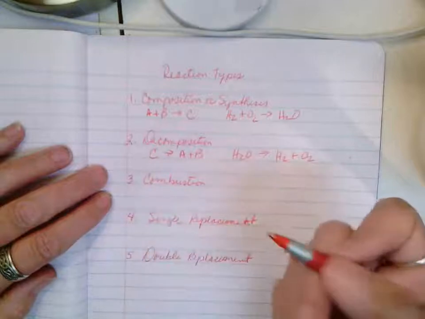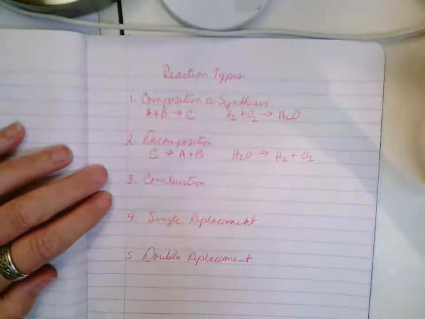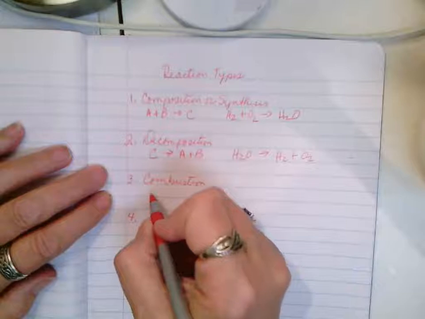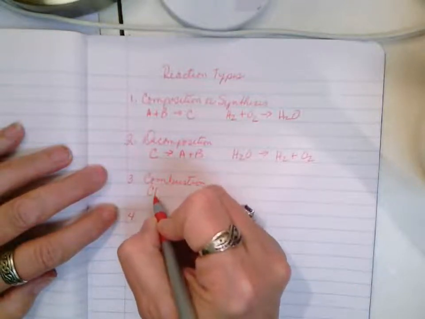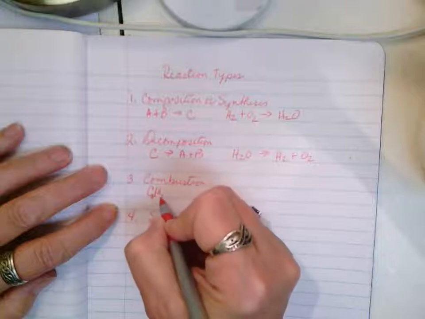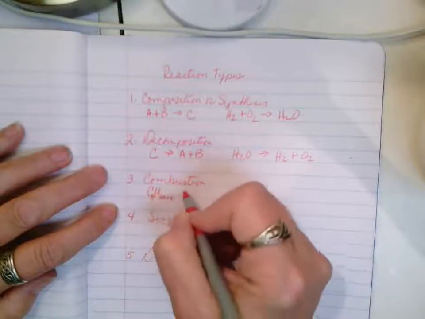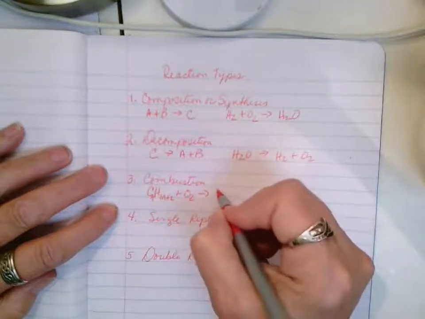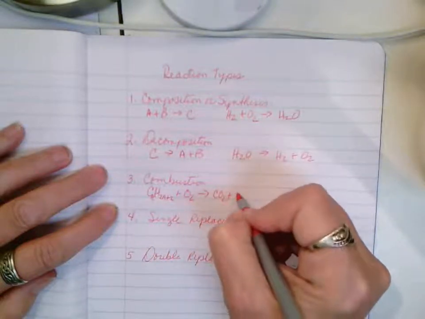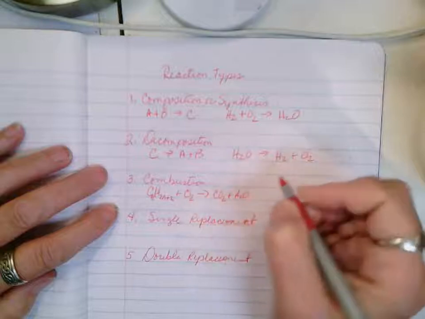Combustion is kind of like what we did with the flaming pumpkins. We are going to burn something. So it's typically some kind of a hydrocarbon, CnH2n+2. So any number of carbon and hydrogens plus oxygen. And we get out of that CO2 plus H2O.